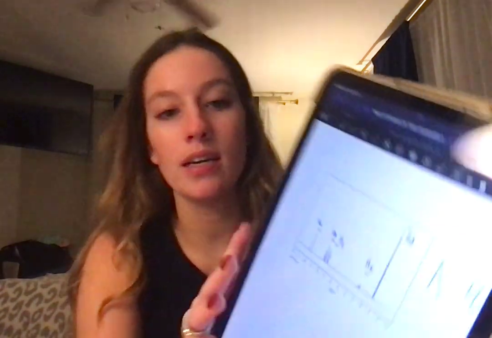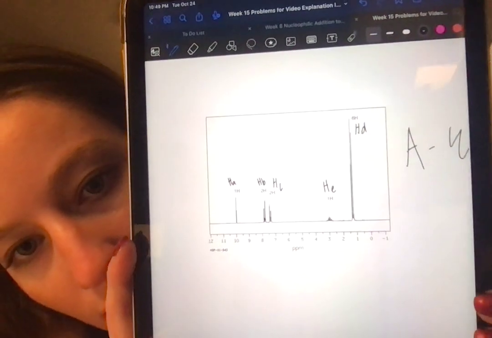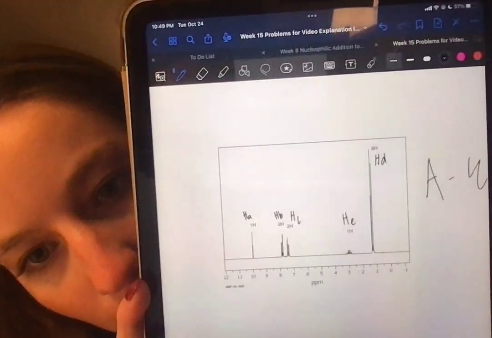At about 7.9, we have our HB. At about 7.3, we have our HC. At about 3, we have our HE. And at about 1.3, we have our HD, which is also our 6H, which is why it is so large on the spectrum.